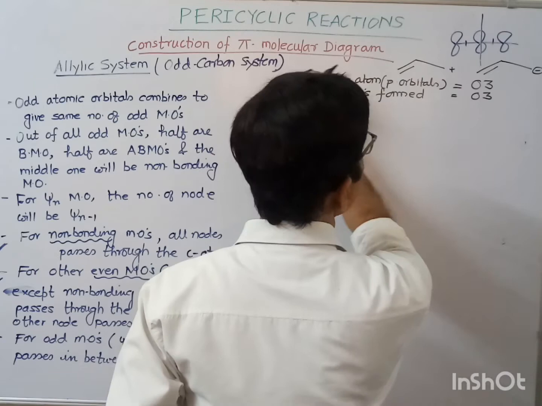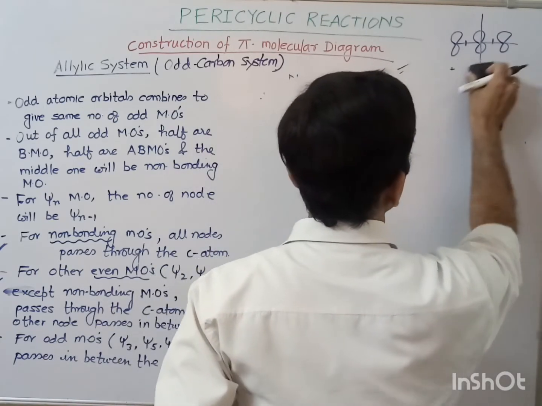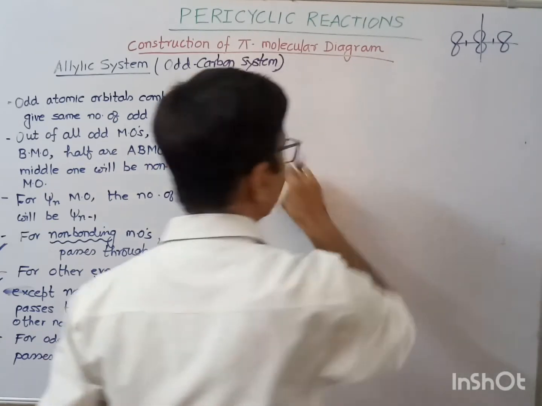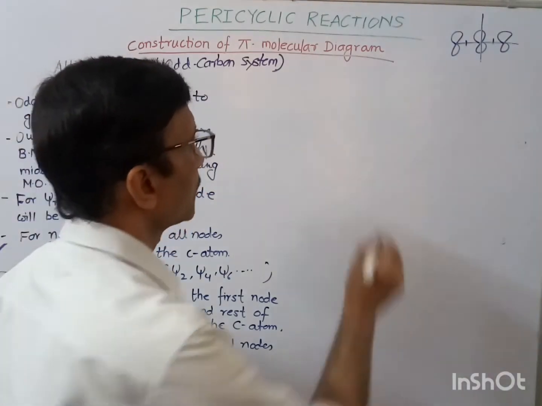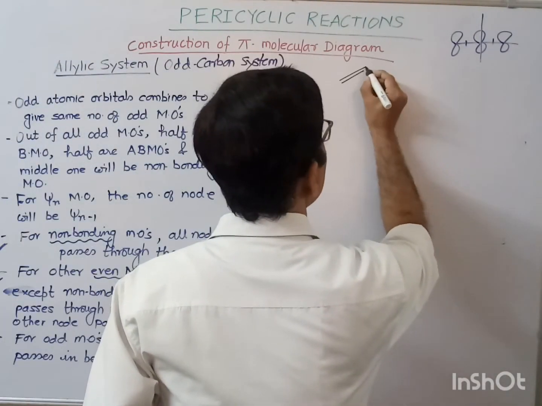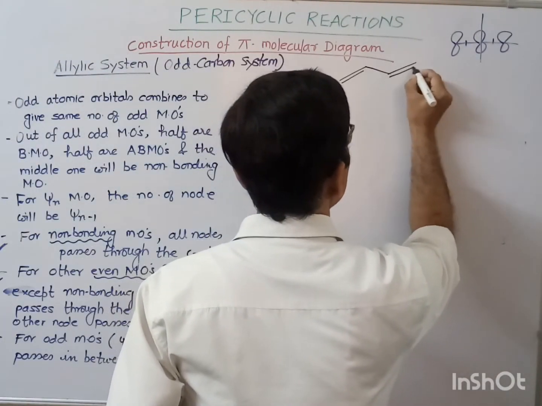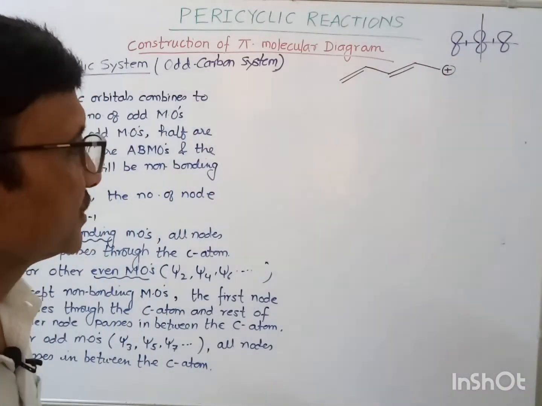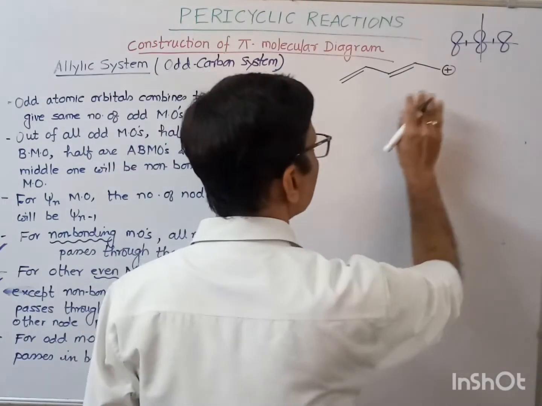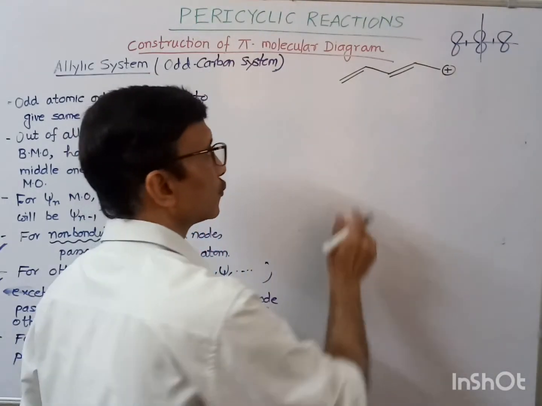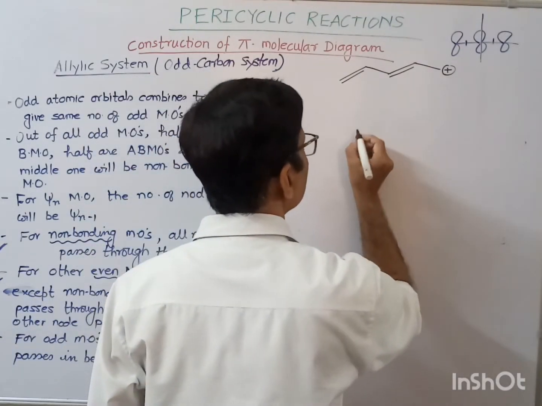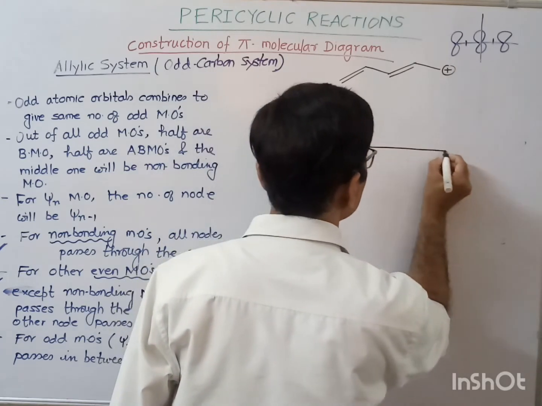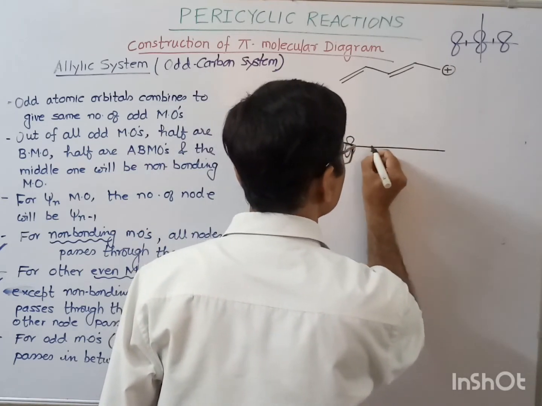So for 5 carbon allylic system, okay, this is suppose 5 carbon allylic system. So number of molecular orbitals formed will be equal to 5.